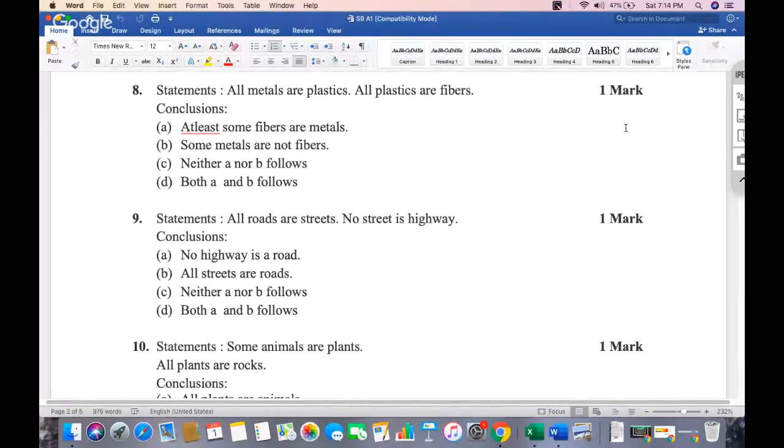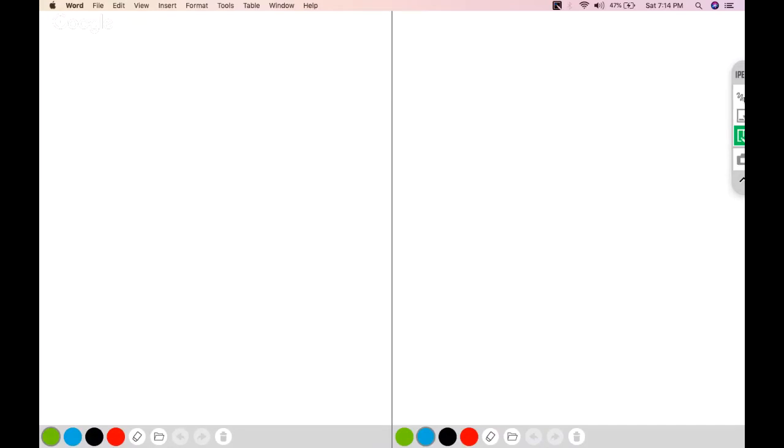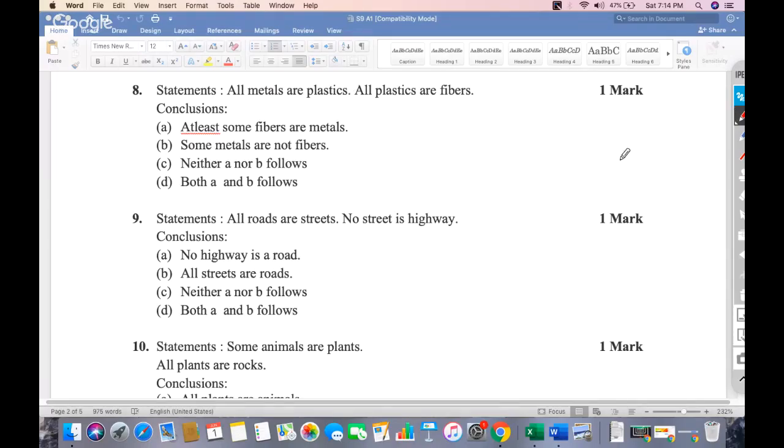Question number 8 is: all metals are plastics. So plastic is the set and metals are the subset. So this is metal, M, and this is plastic.